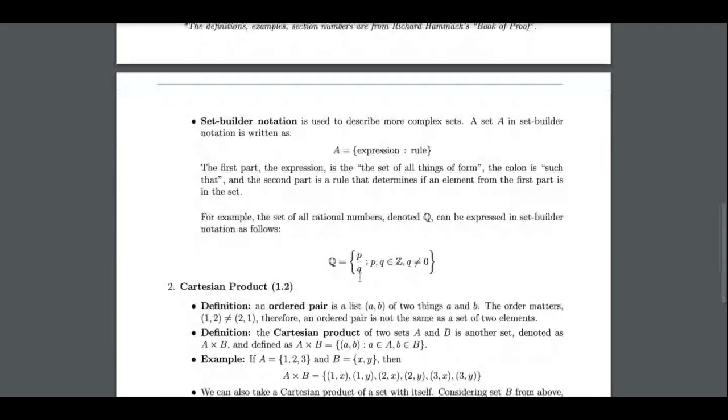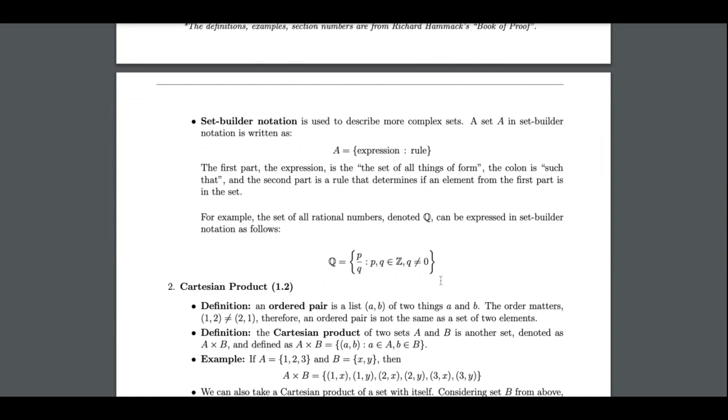So let's see this example. We use this double-line Q to represent rational numbers. Rational numbers means we can write a number as a fraction, where the numerator is an integer and the denominator is an integer, like 1/2 or 3/7.